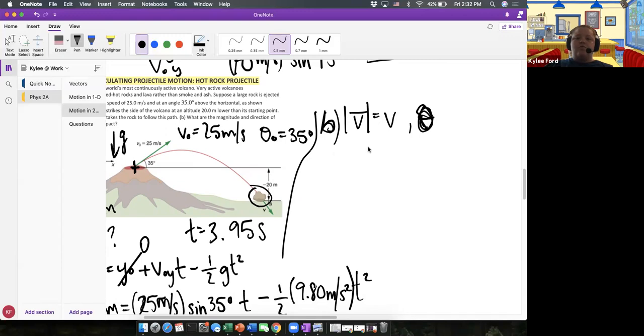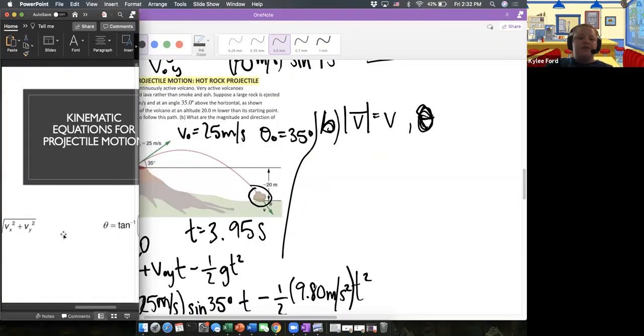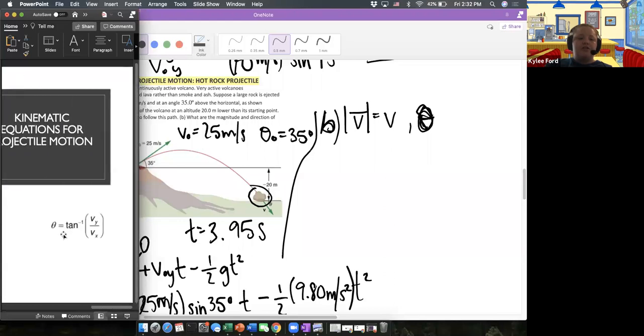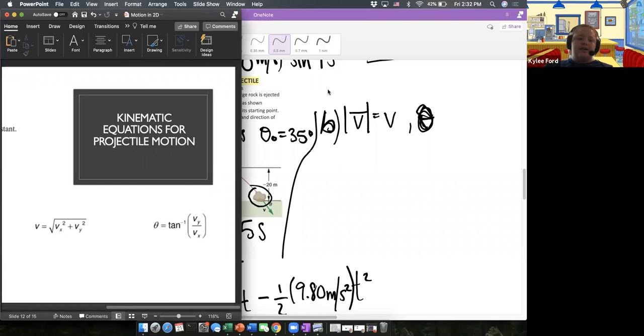Remember, looking back here, to figure out our magnitude and direction, this is how we do it. Our magnitude v equals the square root of vx squared plus vy squared, and our direction, which is defined by our theta, or angle, is the tan inverse of vy over vx.